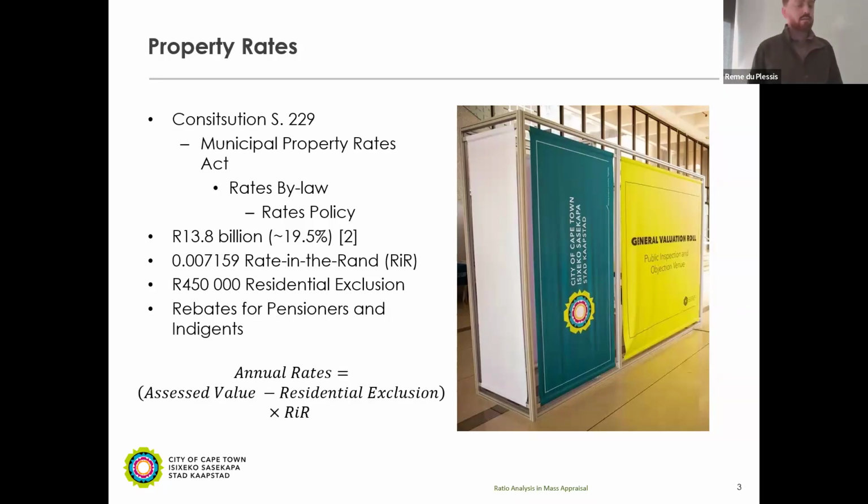So your annual rates that are payable will be whatever assessed value we ascribe to your property minus this residential exclusion times the rate in the Rand. Now, this residential exclusion does fall away if you have a property worth more than 7 million Rand at the moment. But this is the long and the short of it, where the taxes lie. Now, next question would be, where does this all go?